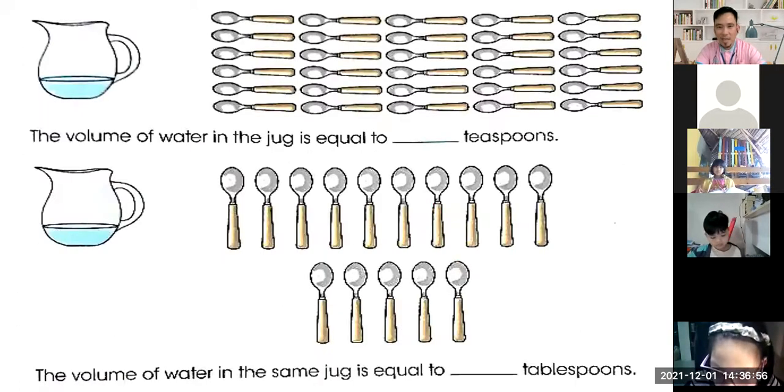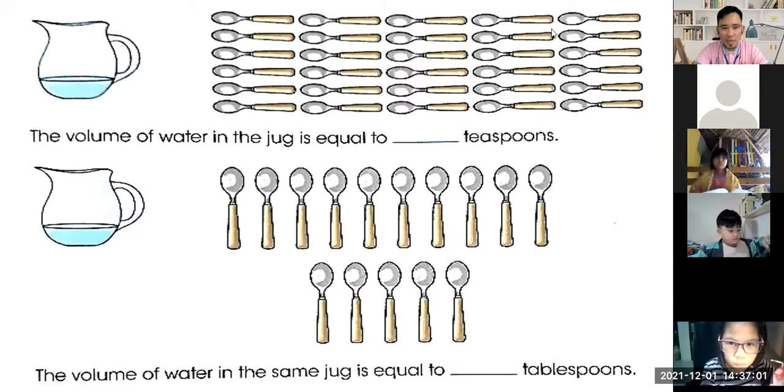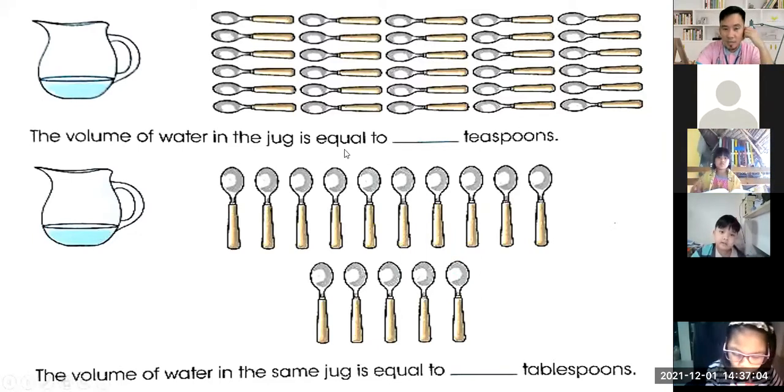Now here, how about this one? This one is not in your book, but let's try to answer this one. What is the volume of water in the jug into teaspoons? How many teaspoons?